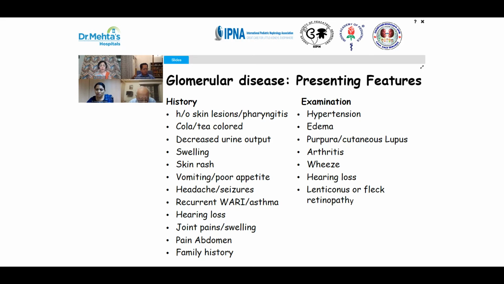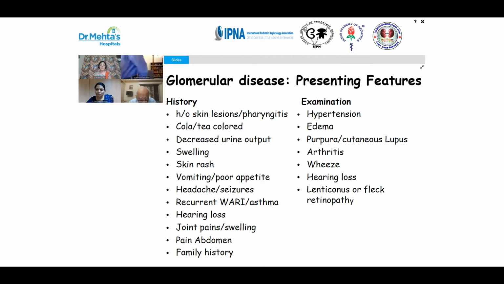Hearing loss, seen in Alport. Joint swellings, joint pain, again seen in IgA vasculitis or SLE. Pain abdomen, and whether there has been a family history of renal disorders similar to this child or different. So family history is also important.